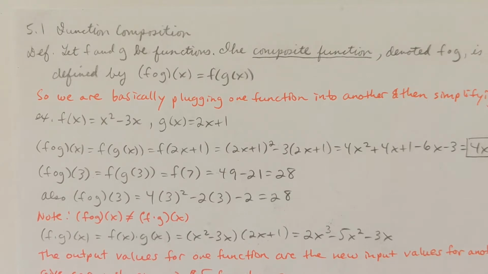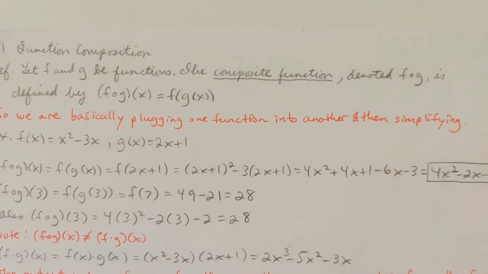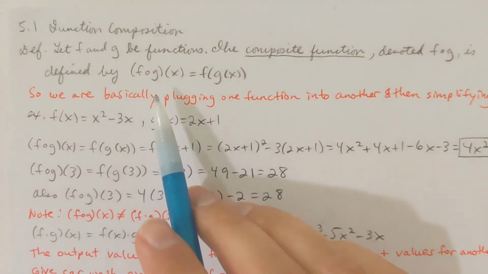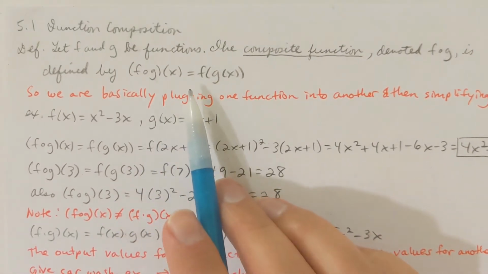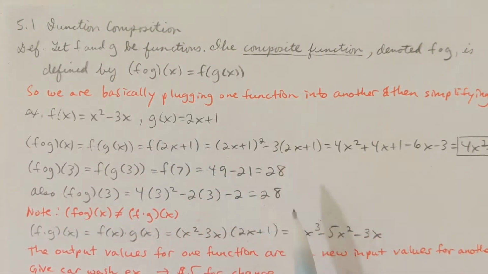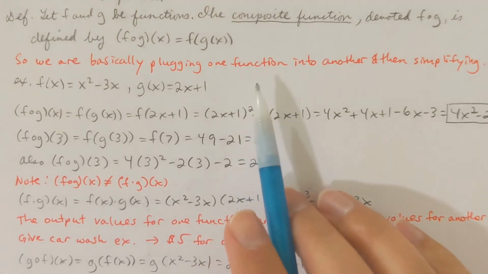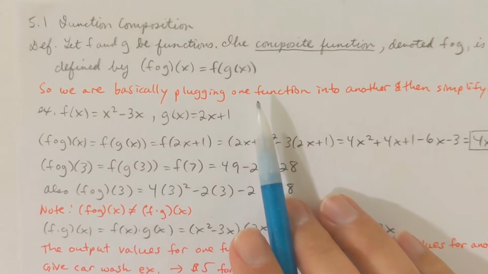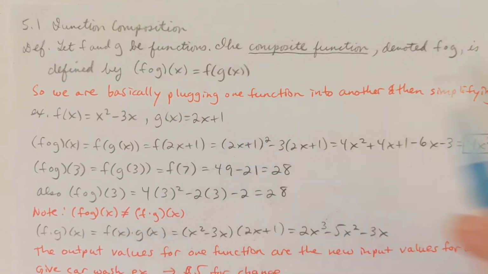So, definition: let f and g be functions, and the composite function, denoted by f compose g of x, equals f of g of x. So we are basically plugging one function into another and then simplifying with function composition.